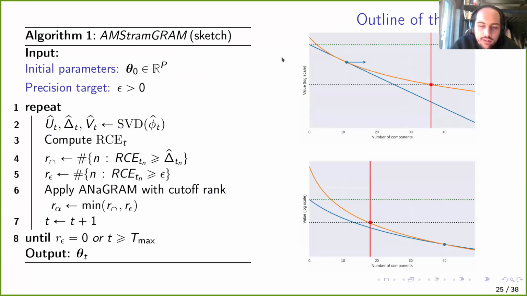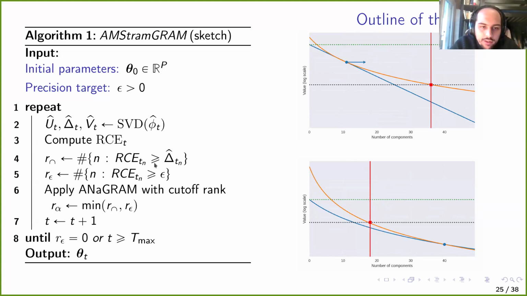And so the idea is really to take advantage of what we showed. We give a precision target that we want to reach. We give initial parameters, and we compute the RC and the SVD, and we define two rank levels.